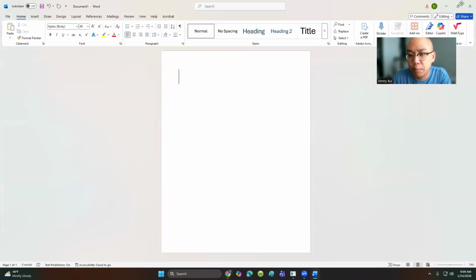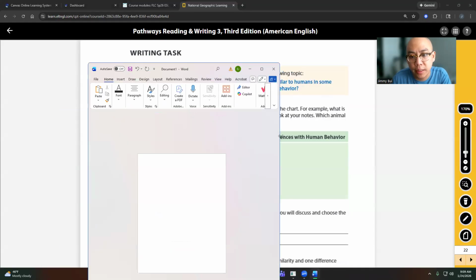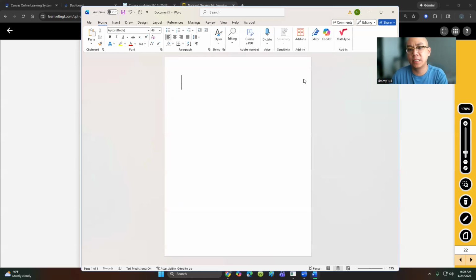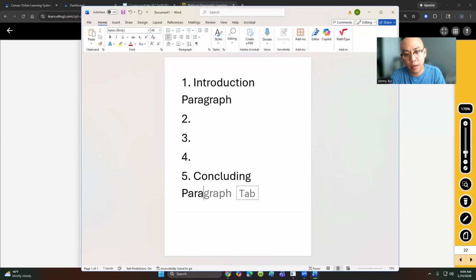For this purpose, you'll learn what a thesis is a little later, but you're going to have first your five paragraphs: an introduction paragraph or introductory paragraph, and a concluding paragraph.